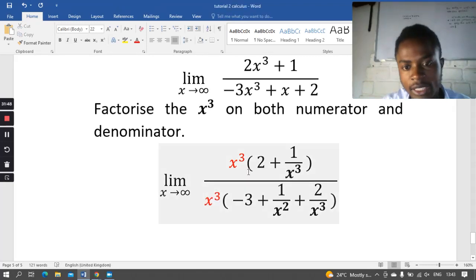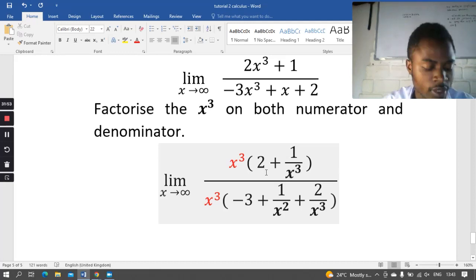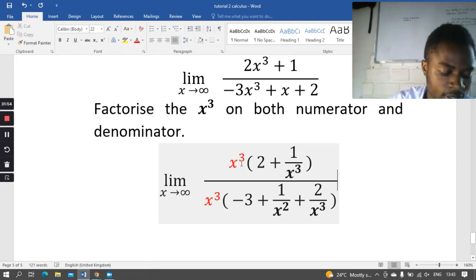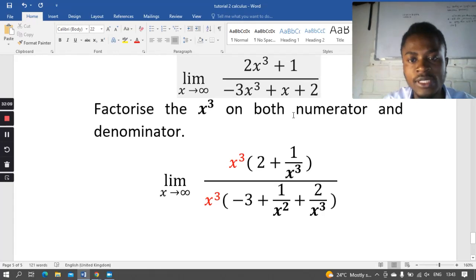So when I factorize the x cubed, this is what I'm going to have as my expression. I've not made any change to the expression, because when I multiply x cubed times 2, it will be 2x cubed, and x cubed times 1 over x cubed is just 1. Then I do the same thing to the denominator.